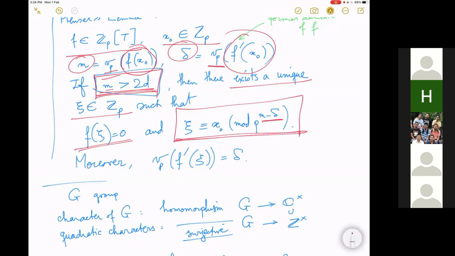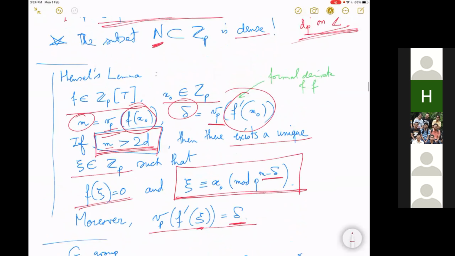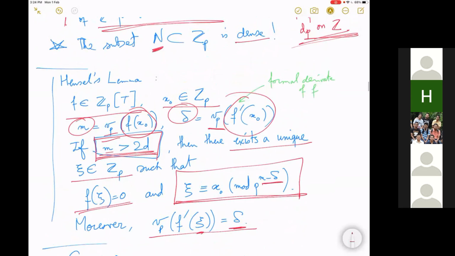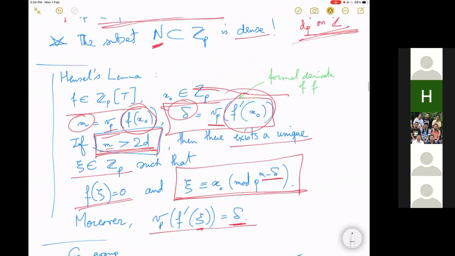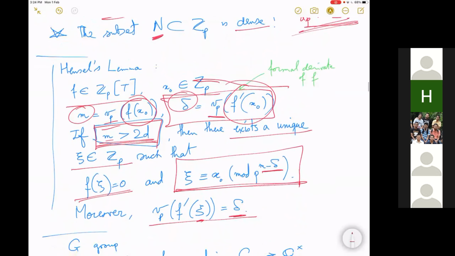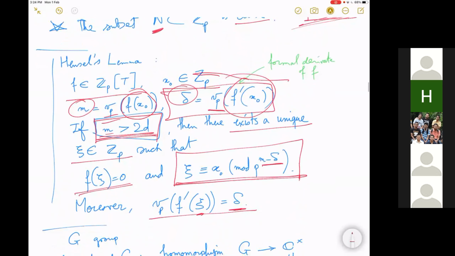So that is, and moreover, this is an additional thing you get. The p-adic valuation of the derivative at that psi is equal to delta. It continues to be delta, which was the thing for v_p of f prime of x0, and v_p of f prime of psi continues to be equal to this same delta.